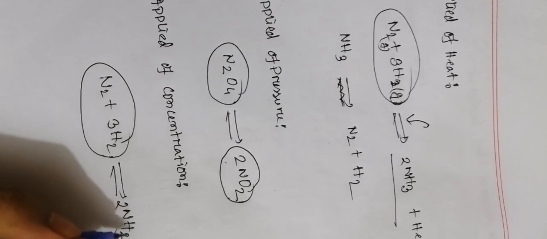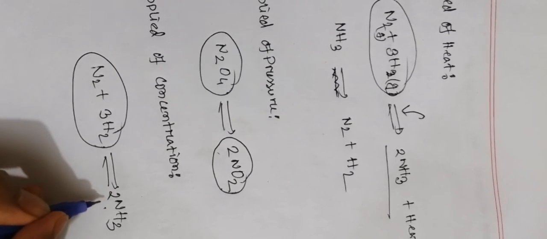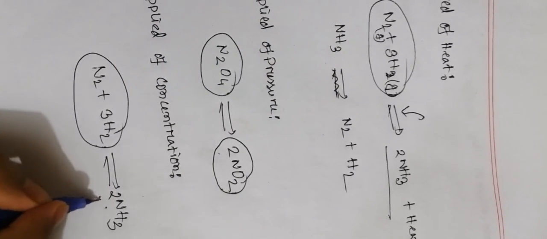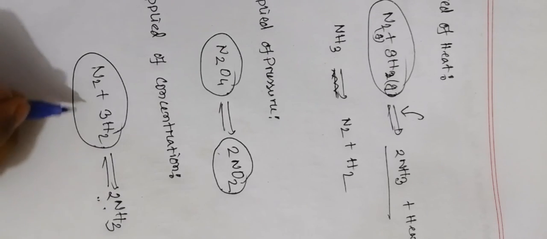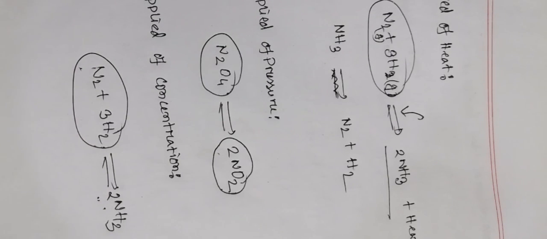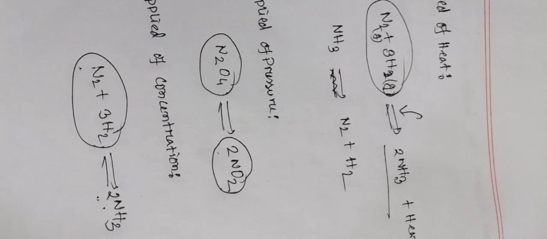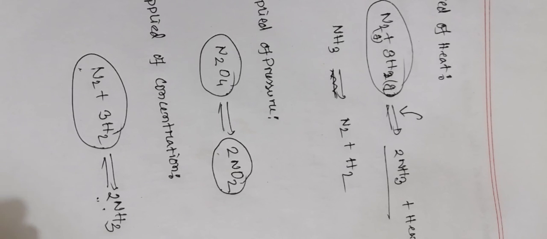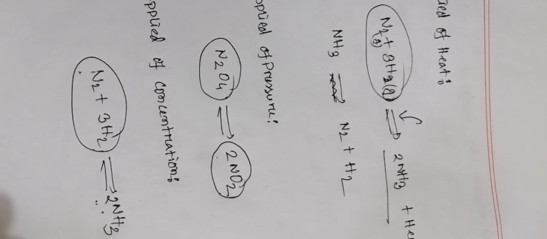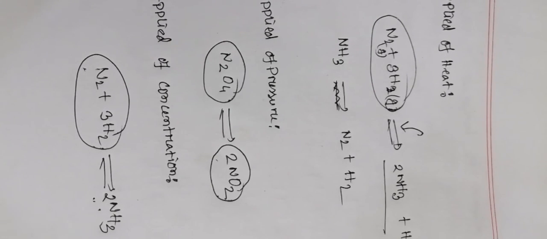And if we increase the amount or concentration of ammonia, then the backward reaction is increased and the production of nitrogen and hydrogen is increased. That means backward reaction rate is increased. It is the change of concentration in an equilibrium process.